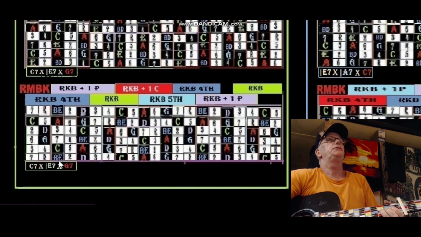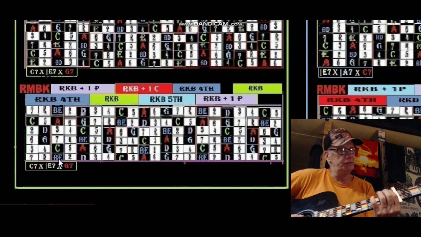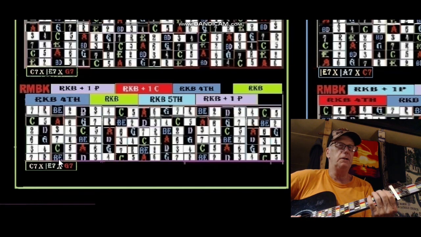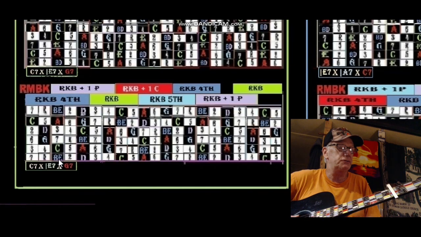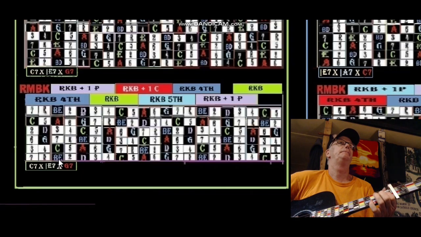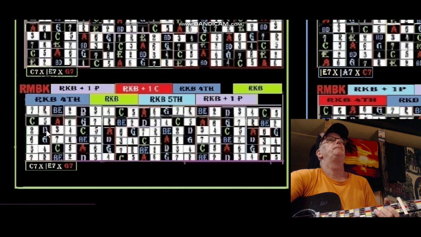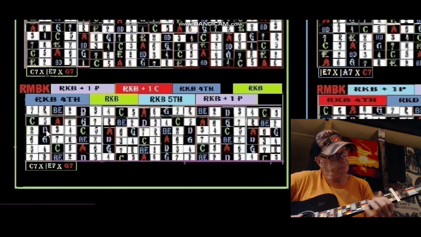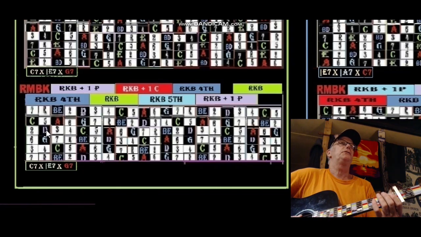Right there, the blues note is right there on the 1st. So we can go two more strings up with that, just like that, but not on the 4th string. So we just follow cage.